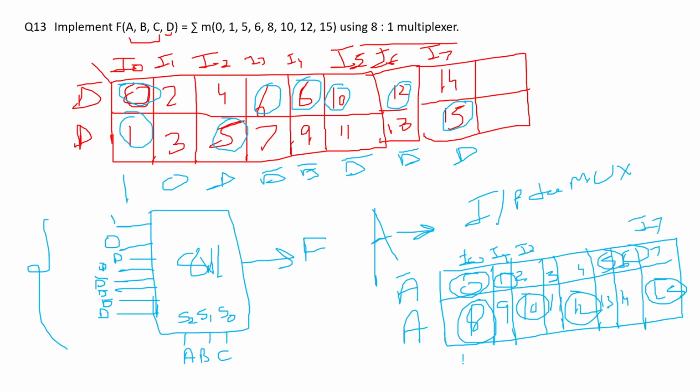So this will be 1, this will be A complement, this will be A, this will be 0, this will be A, this will be A complement, this will be A complement again, and this will be A. So this is another way where you can have A, which is the MSB, as your input and all the other bits as your select lines.